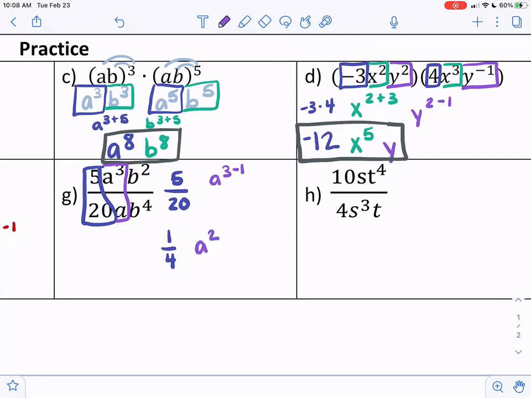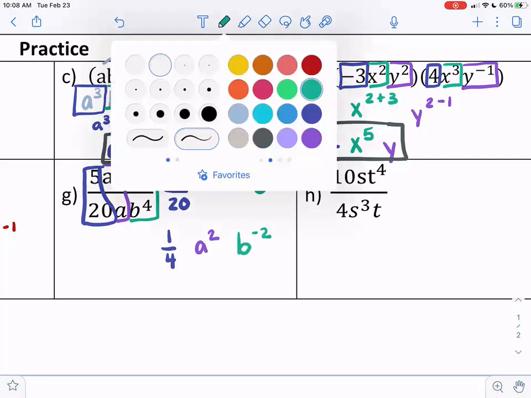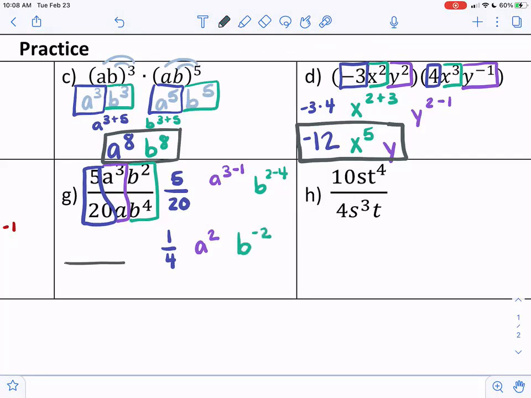My last problem is going to give me B to the second and B to the fourth. So I get B to the second minus 4, which gives me a solution of B to the negative second. Now that I have those three parts, now I need to put it all together in a fraction bar. I write 1 over 4.